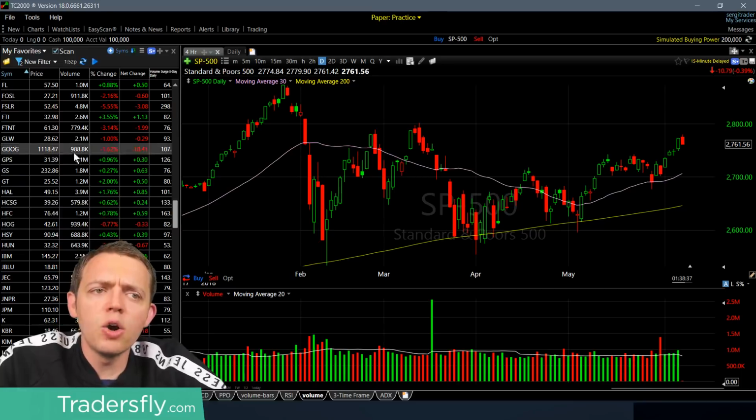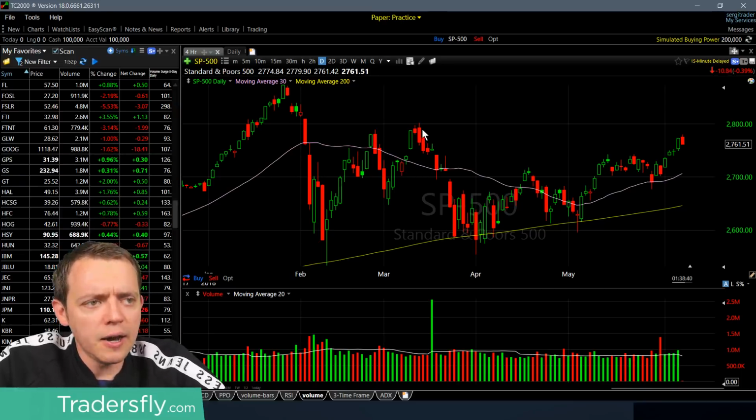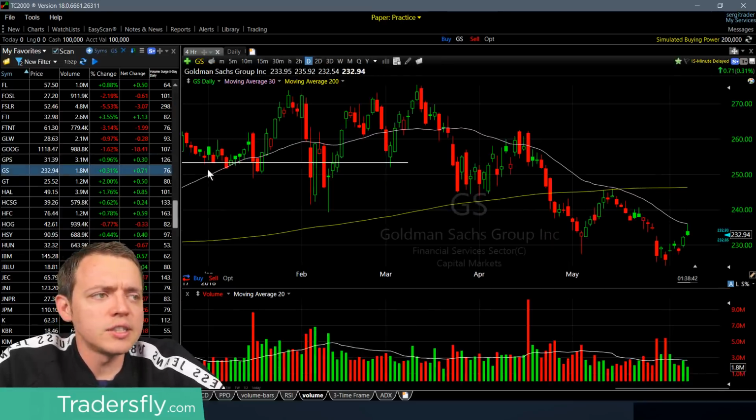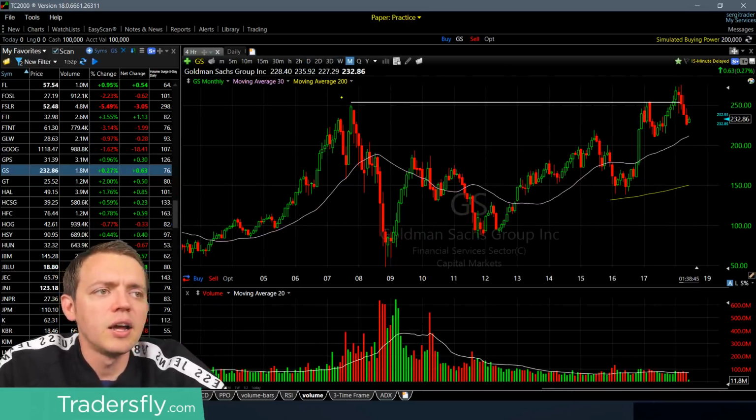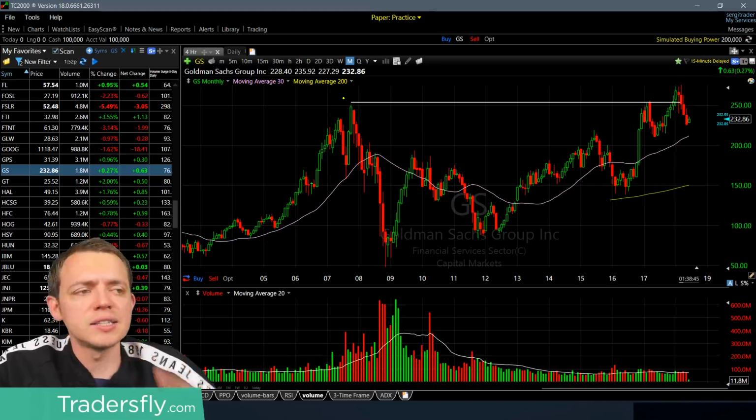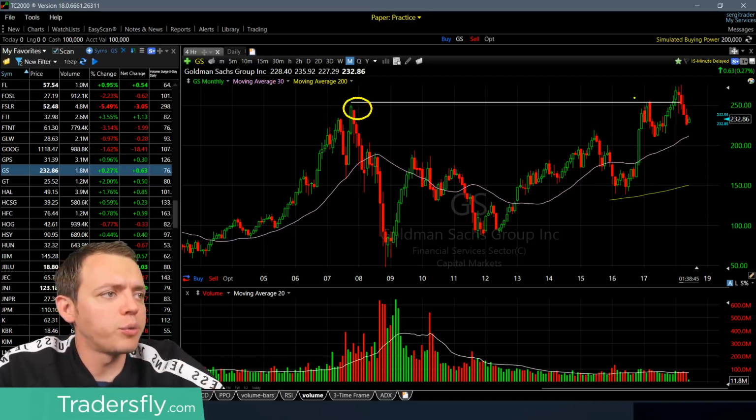So anyways, I hope this was helpful to see resistance levels in areas, and you pick any stock that you're looking at, doesn't matter which stock it is. Look at these three main concepts. Okay, so you're looking for previous swing points. That's number one. Number two is round numbers. And number three is you look at how fast a stock accelerates.